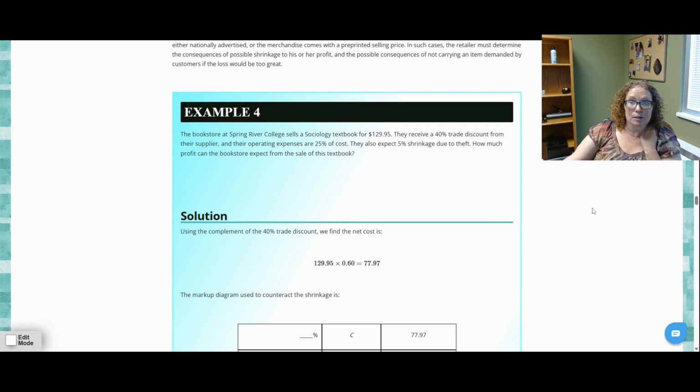When they think the selling price is $19.95, and based on the fact of your shrinkage, now you've got to charge them $24. So something to take into consideration.